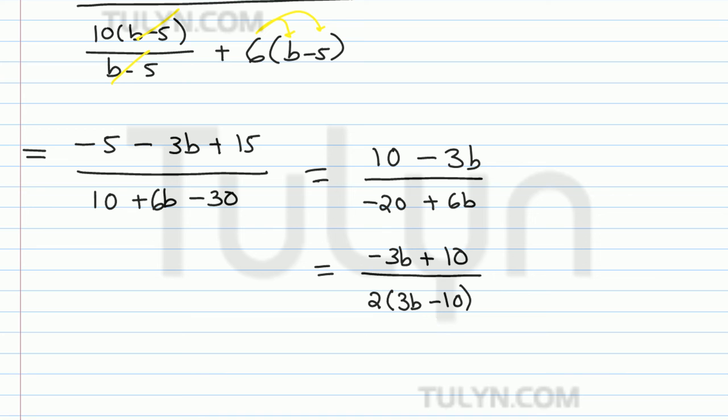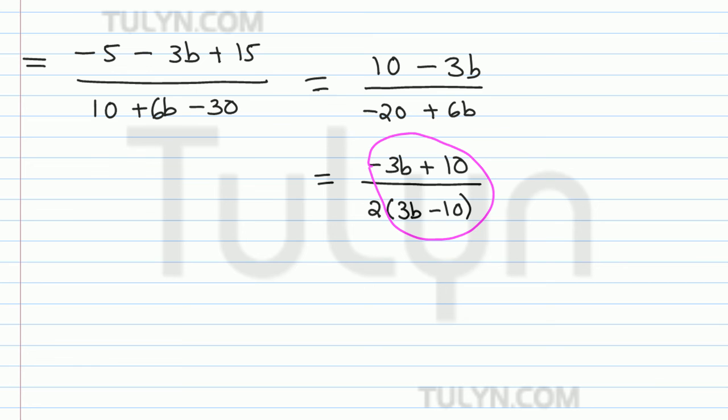Now, notice these two terms, 3b minus 10 and negative 3b plus 10, look alike, but they're not exactly the same. But I want you to notice that negative 3b plus 10, if you factor out a negative 1, that basically means just factoring out a negative 1 and changing the signs, we get positive 3b minus 10, right?